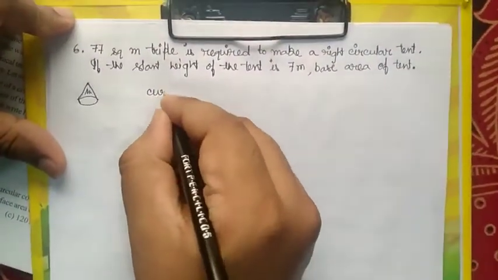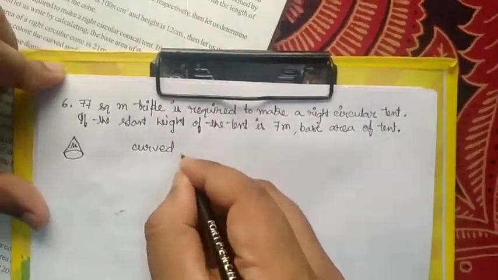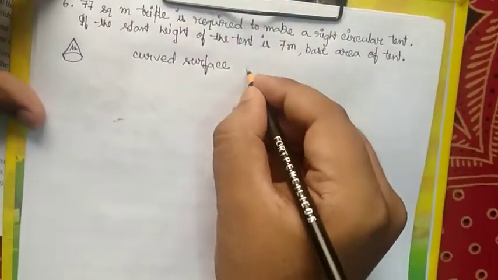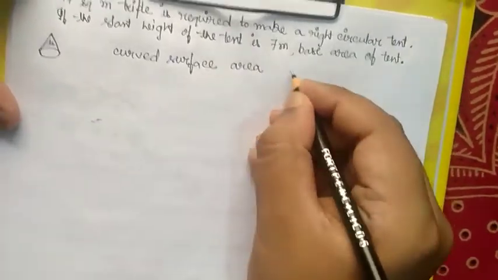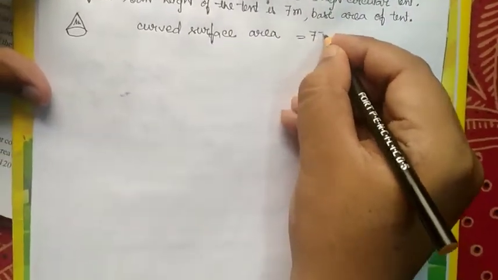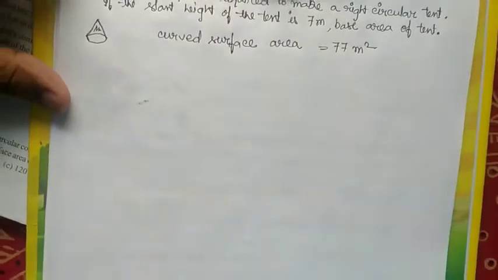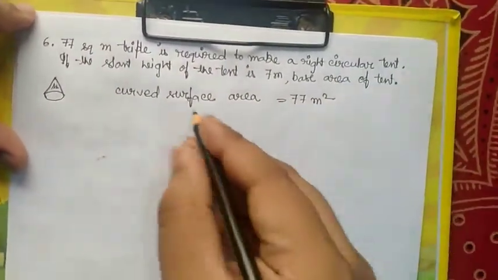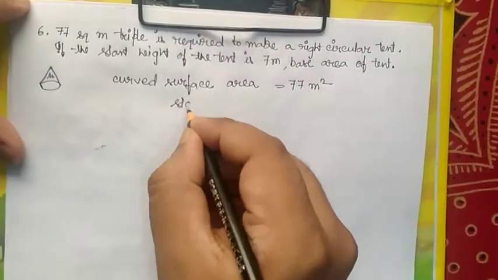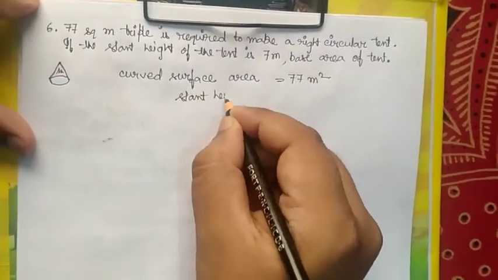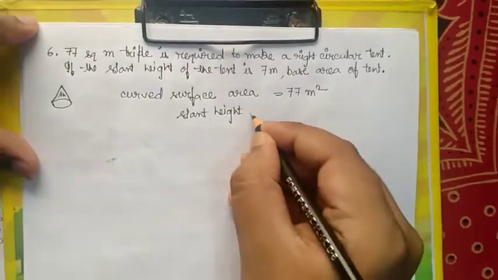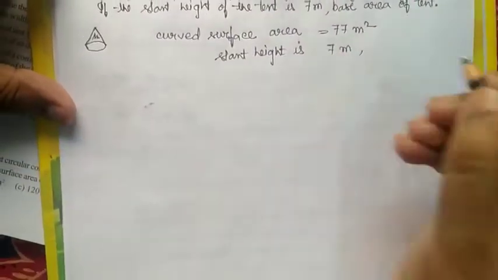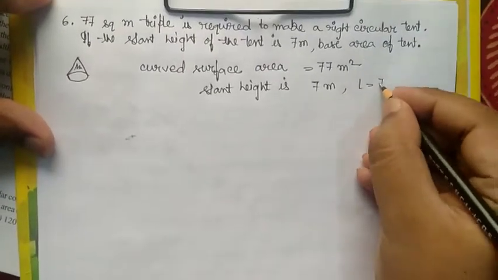So the curved surface area is 77 meter square, required to make a right circular tent. If the slant height of the tent is 7 meter, it means L equal to 7 meter.